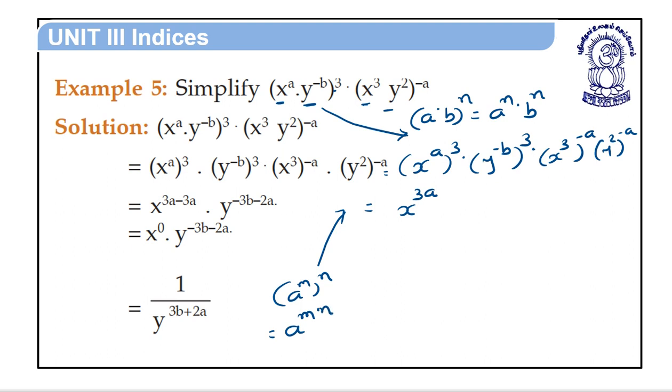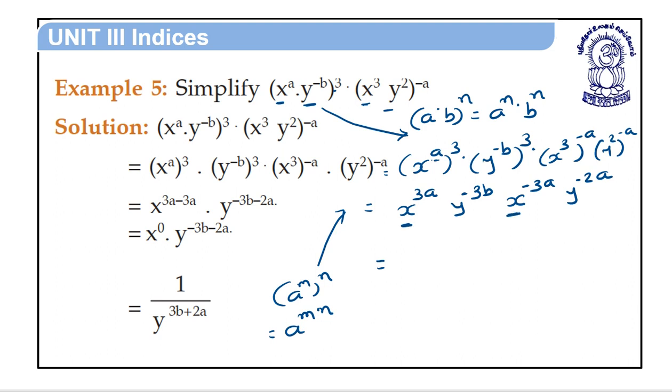Same way a and 3, so x raised to 3 into a. Y minus b into 3, so y raised to minus 3b. X 3 minus a, so minus 3a. Same y minus 2a, y raised to minus 2a.